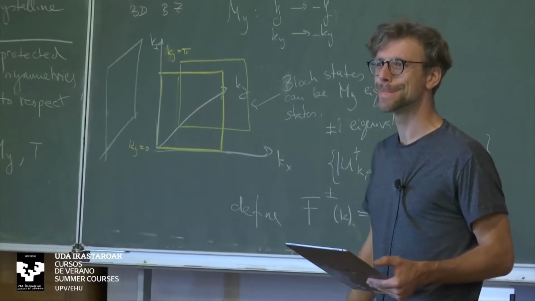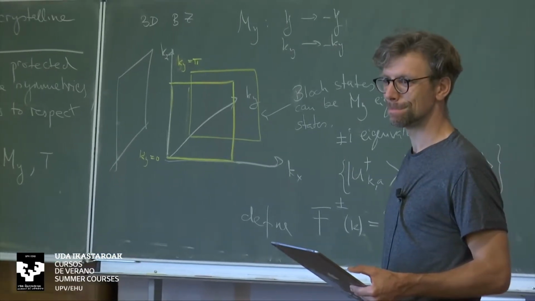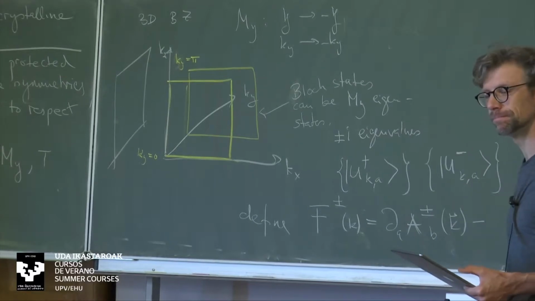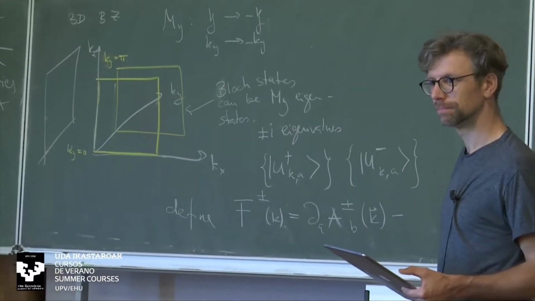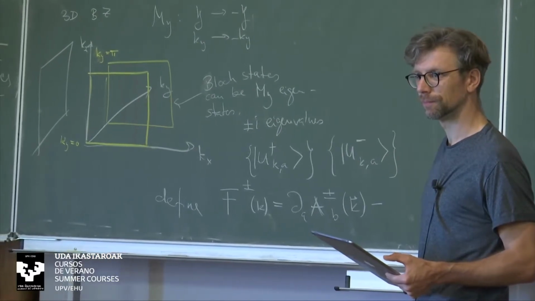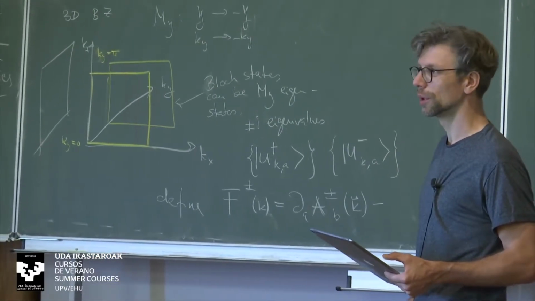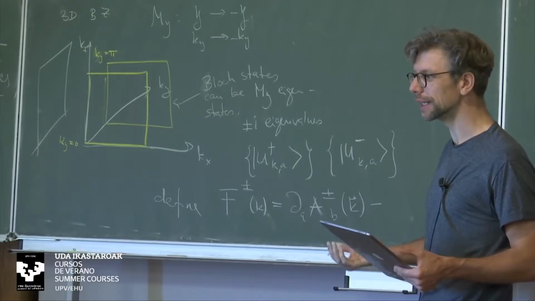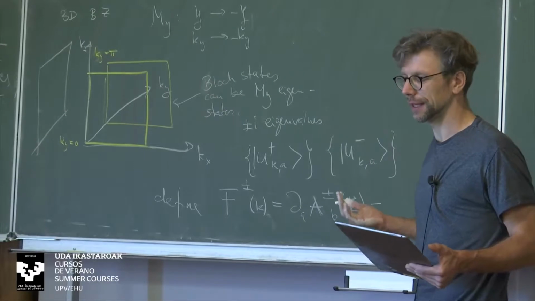Yeah. So you require the bulk to be gapped. Yes, bulk is fully gapped. So actually this is relevant for the previous case as well. Does that require additional constraints on the symmetries? No. The fact that the bulk is gapped is just an energetic statement.